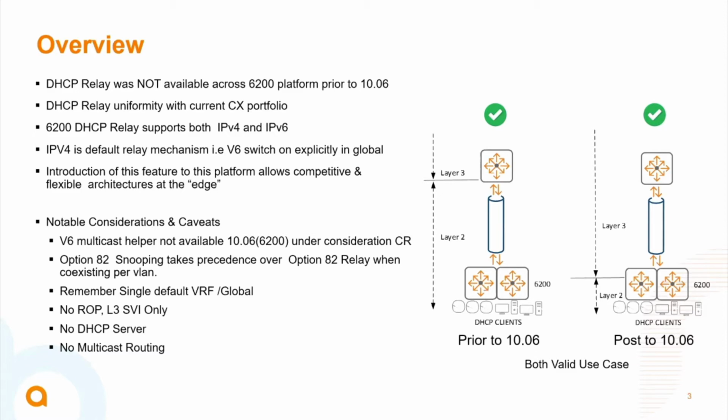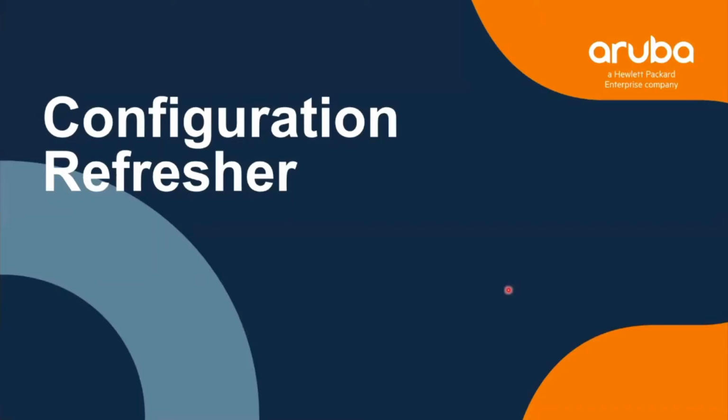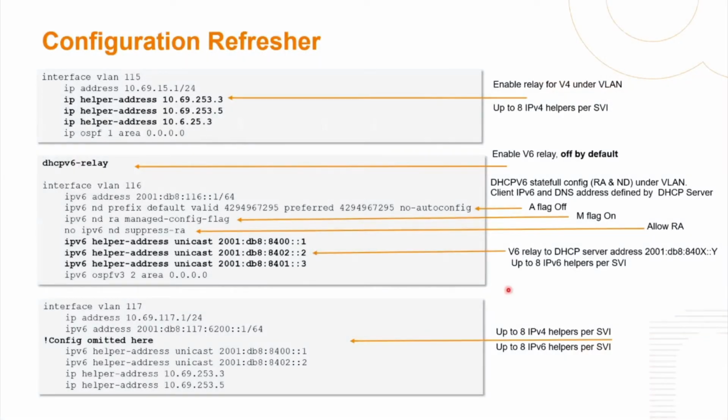Okay. So let's go into a bit of a configuration refresher. Very simply, if you want to have IP helpers on, it's just directly under the VLAN. We support 8 IPv4 helpers under any VLAN, so that's quite simple.